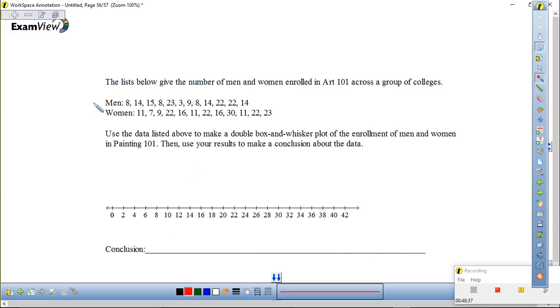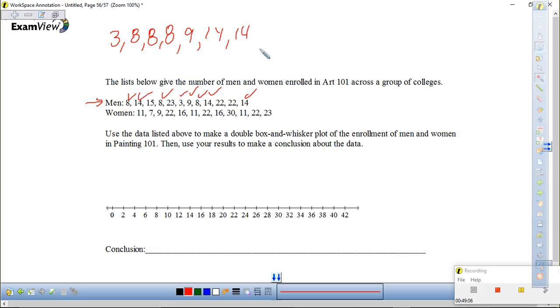I'm going to do that in red if you have your pens. What's the least? 3. Then 8 three times, 8 and 8. We got 1, 2, 3. What's the next one? 9. And then 14 three times. 1, 2, 3.